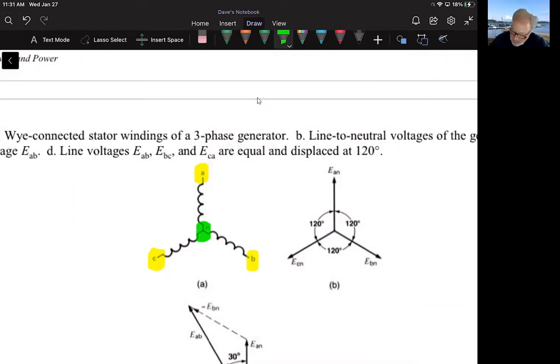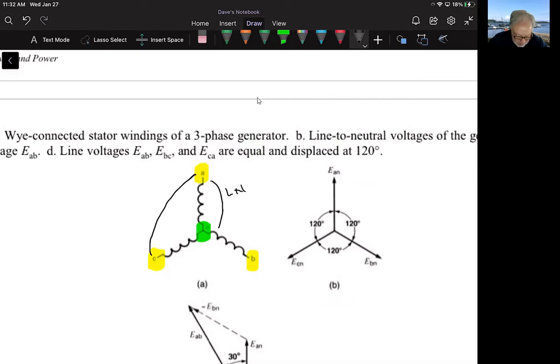What we want to explore in this section, and we want to go through and derive that, is what the voltage from phase to neutral is, and we're going to call that line to neutral. We also want to know what the voltage is from phase to phase.